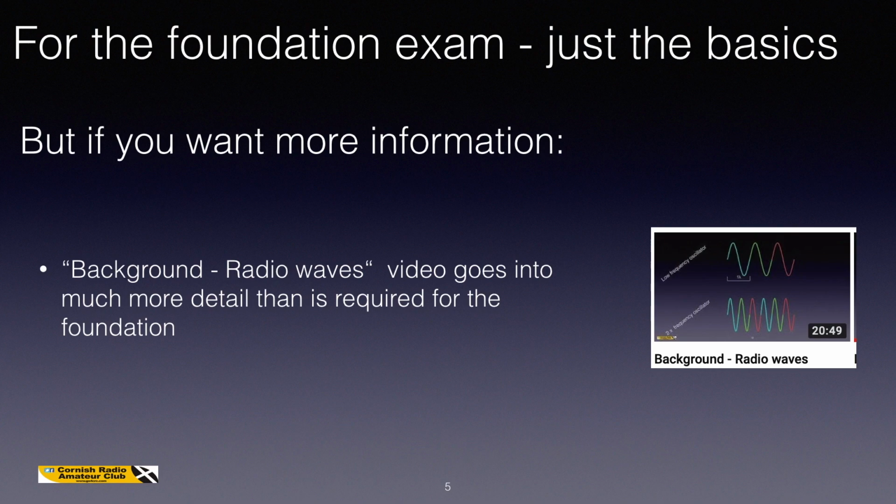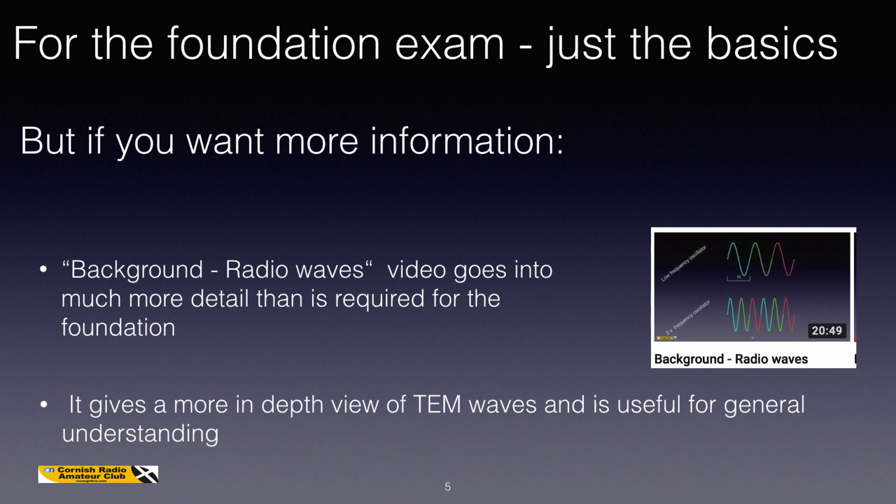As I say, this is just the basics, but if you want more information, you can look at the background video radio waves, which goes into more detail as it gives a more in-depth view of transverse electromagnetic waves and is useful for general understanding if you intend to go on to the intermediate course and the advanced course.